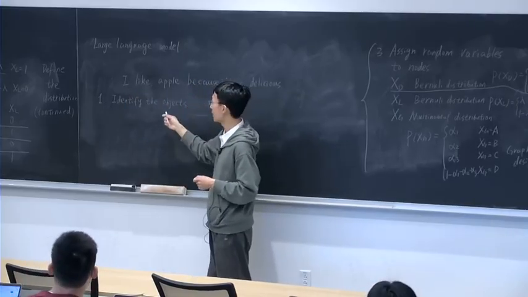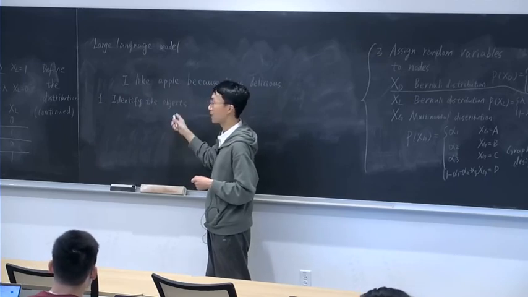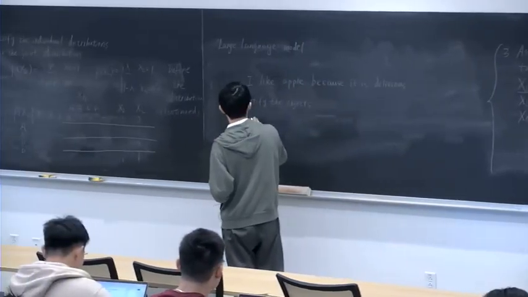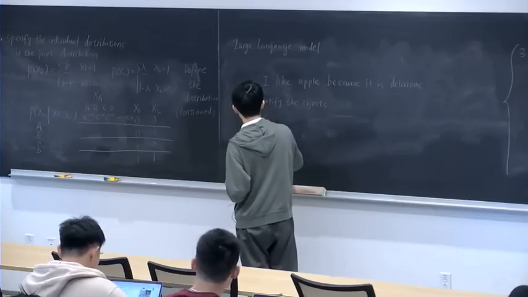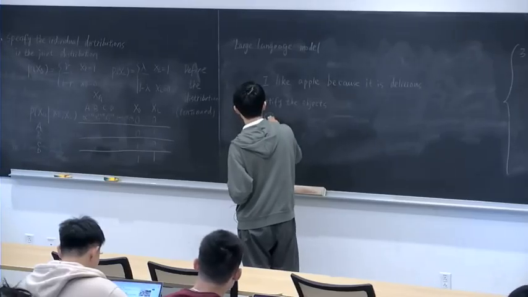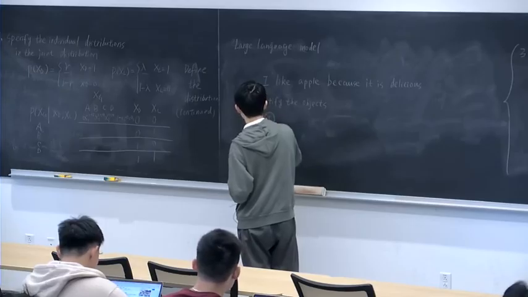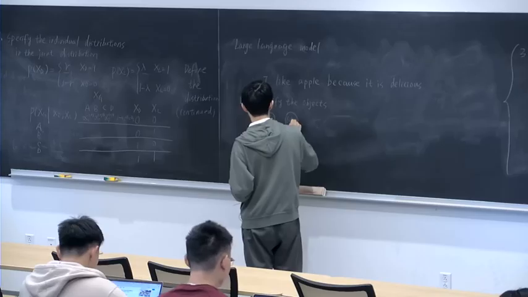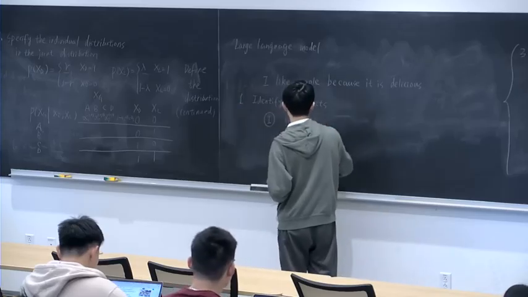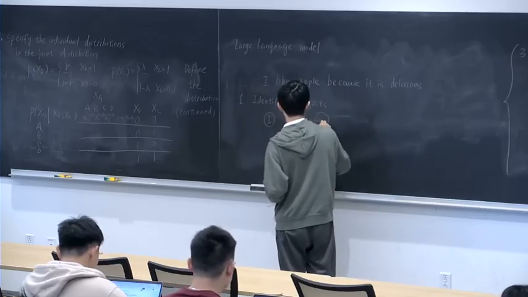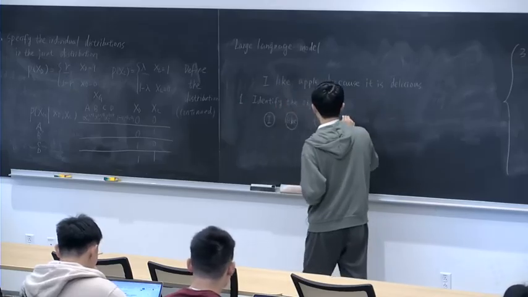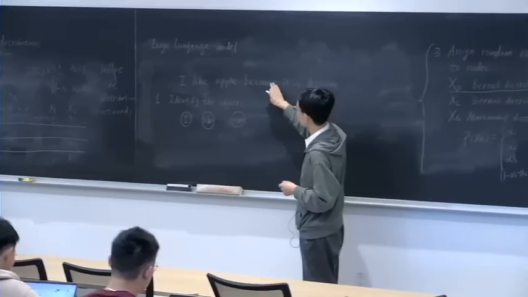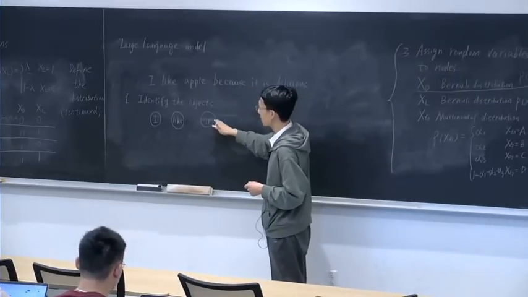Then we basically treat each word here as an object. So we put each word here as an object onto a node: I, like, apple, etc. Basically, for each word in the sentence, you put it onto a node.